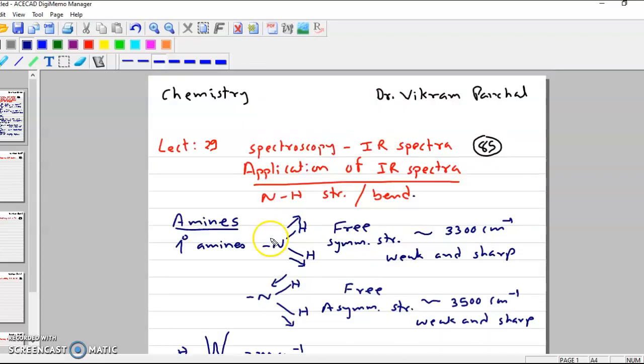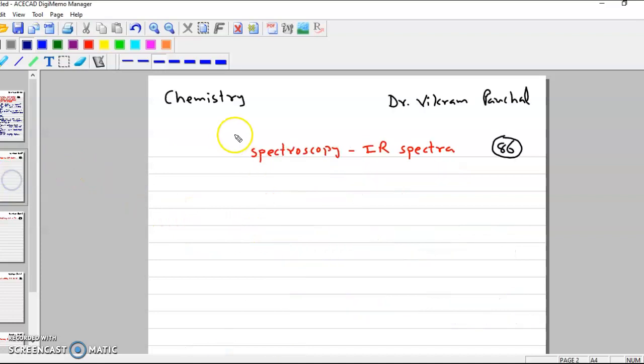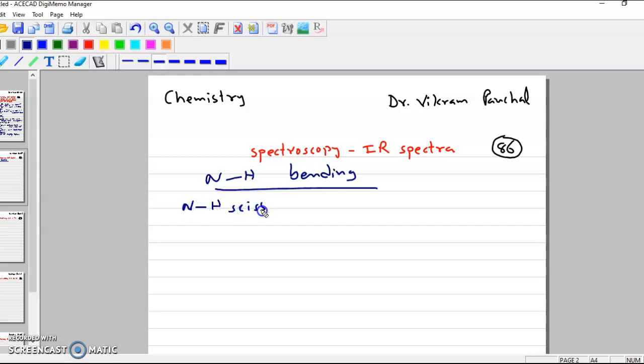Next is NH bending. So next we'll see NH bending. In primary amine, NH scissoring appears at 1650 to 1580 cm⁻¹, and this band is medium to strong.